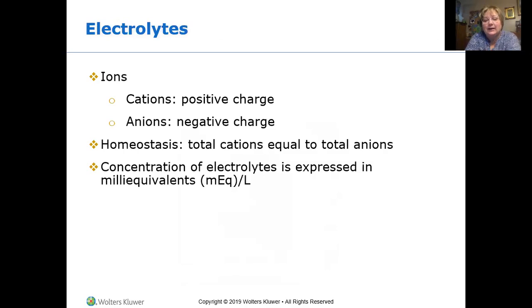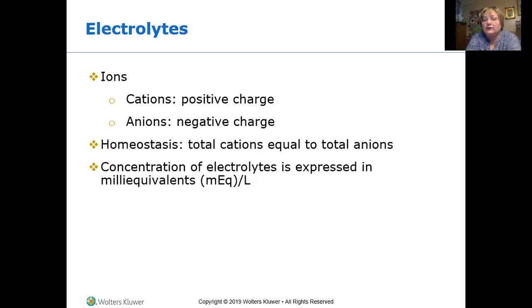The cations, now those are the electrolytes both inside the cells and outside the cells, but within the fluid of the body. Cations are positively charged ions, and anions are negatively charged ions. It's very important for homeostasis, that natural balance of the body, that your total cations are equal to your total anions.